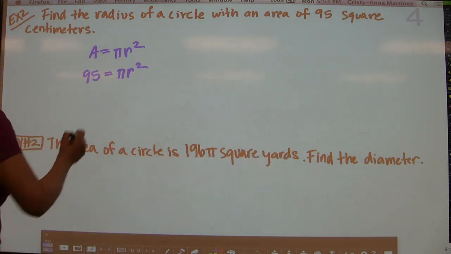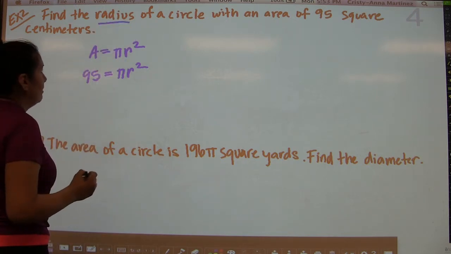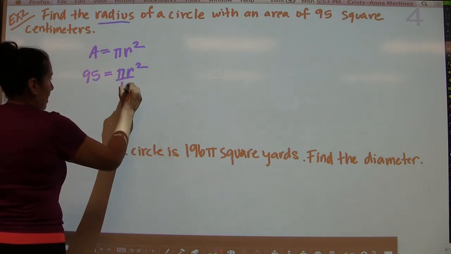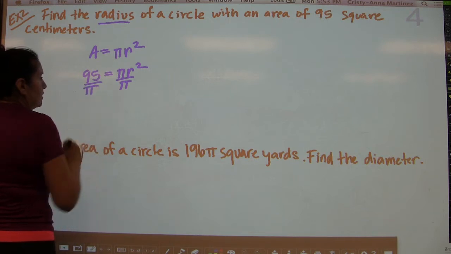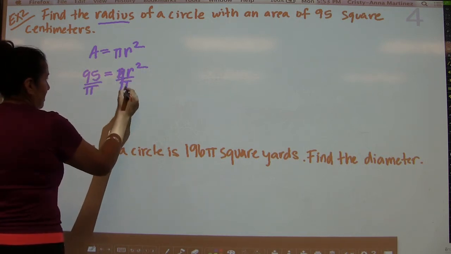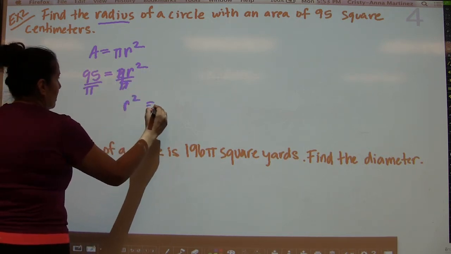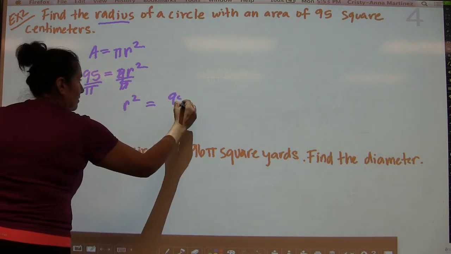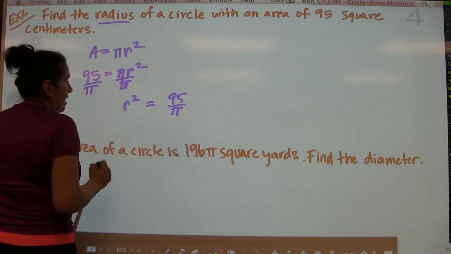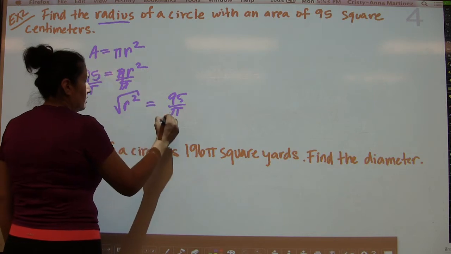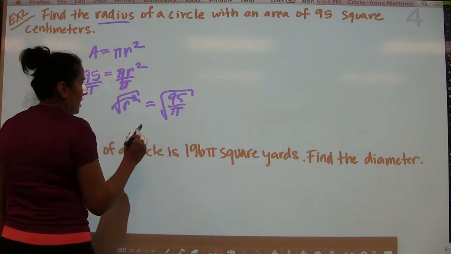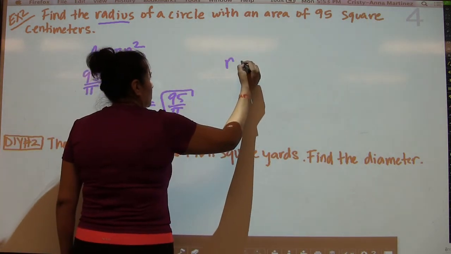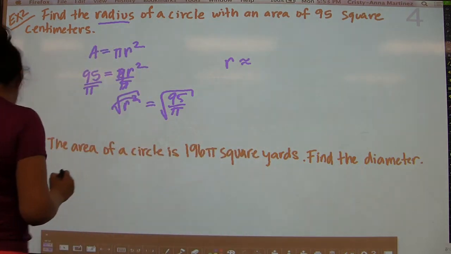What they want us to do is find the radius, so we want to find what r is. We divide by pi on both sides to get rid of the pi, and that cancels. You get r squared equals 95 over pi. Then we take the square root to get rid of the square, so r is approximately the square root of 95 divided by pi.